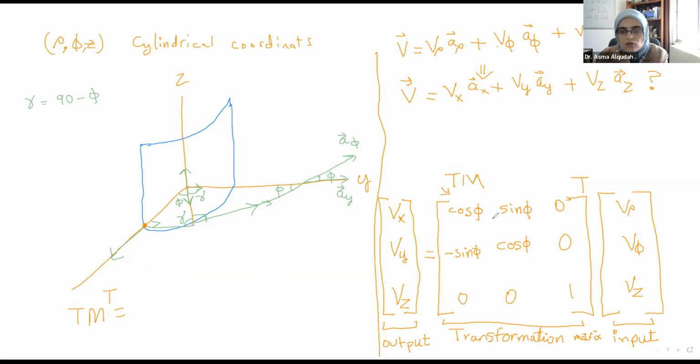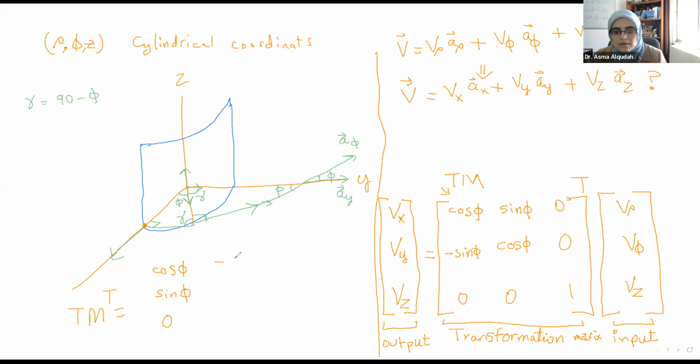We turn the first row into the first column. So it becomes cosine phi, and then sine phi, and then 0. Then the second row becomes the second column.